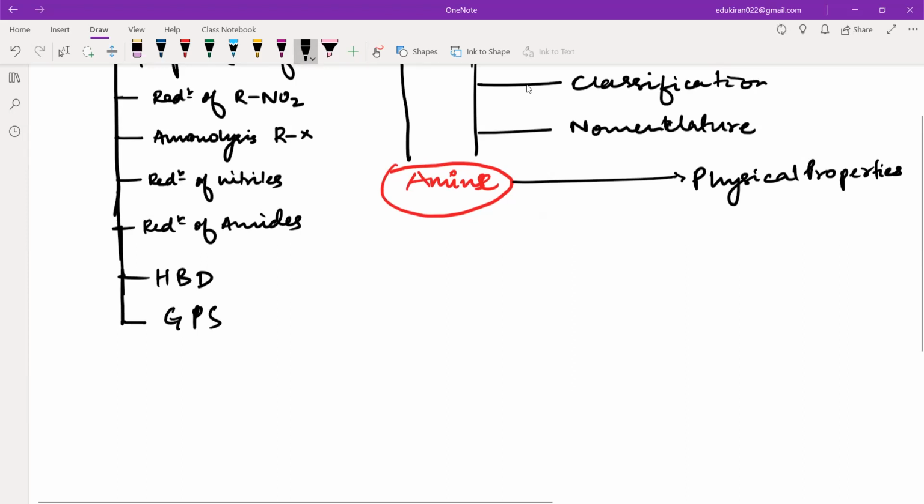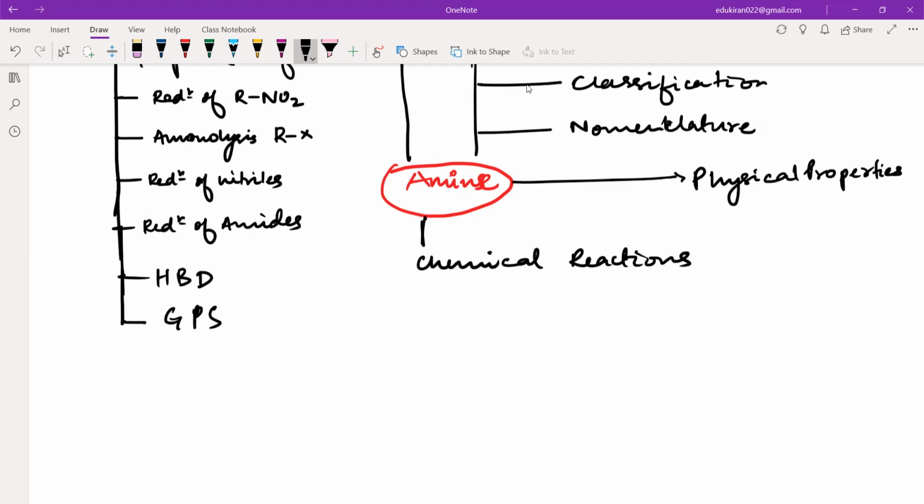Then there are chemical reactions. In chemical reactions, the first one will be about the basic character of amines. This is due to the lone pair here.